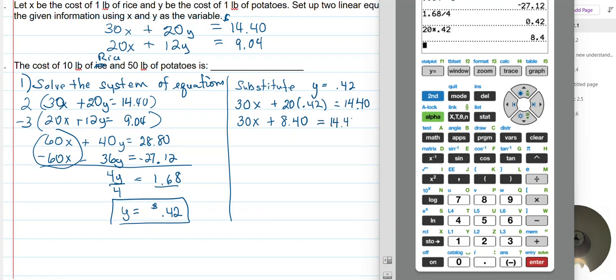We're going to take the 1440 and subtract the 840, and I'm going to get 6.